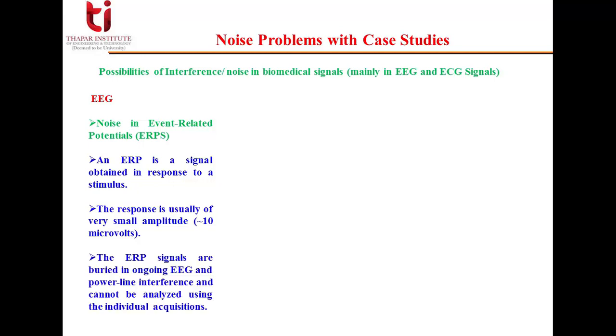The ERP signals are buried in ongoing EEG and power line interference and cannot be analyzed using individual acquisitions. As mentioned, these are relatively small electrical responses to specific events, which can be observed only if the EEG traces are averaged over a series of trials.